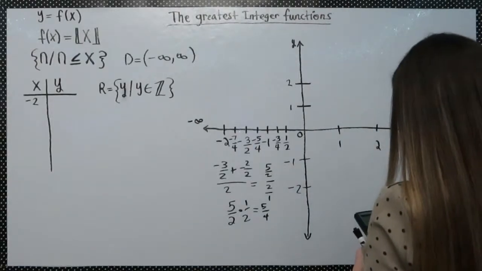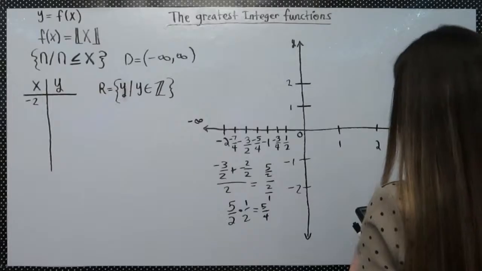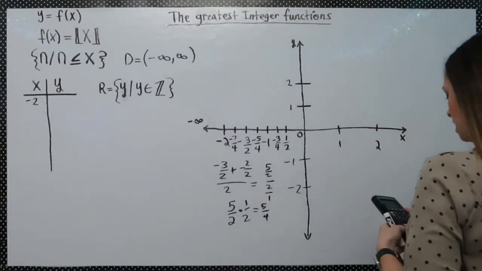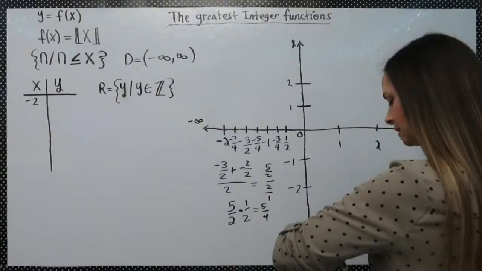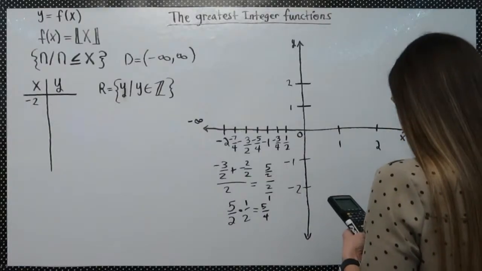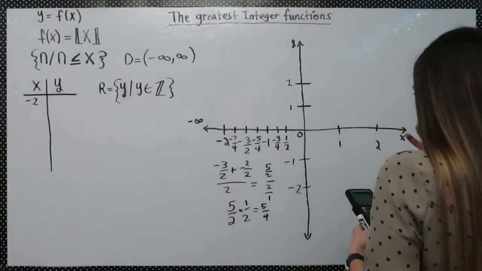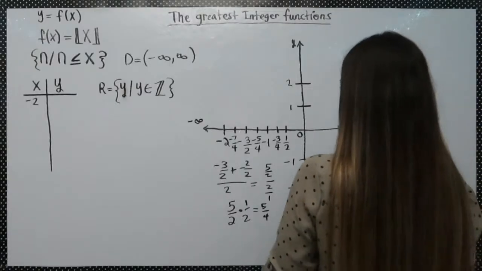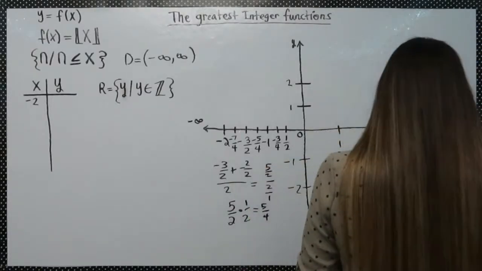Okay, so I want to double check real quick, and then I think we're good. And then all we have to do is mirror those points, so I won't have to waste time doing that. Yeah, -1.25. Okay, perfect.